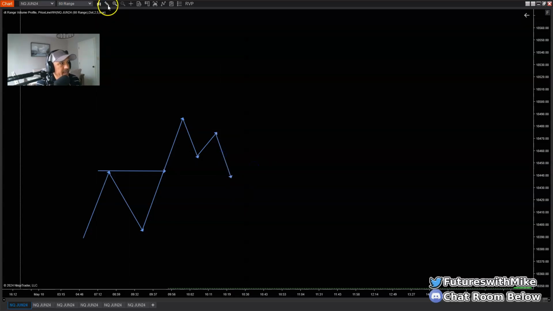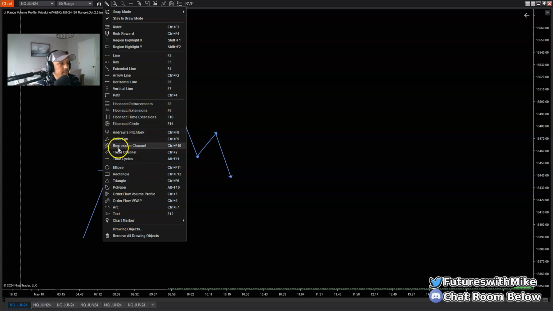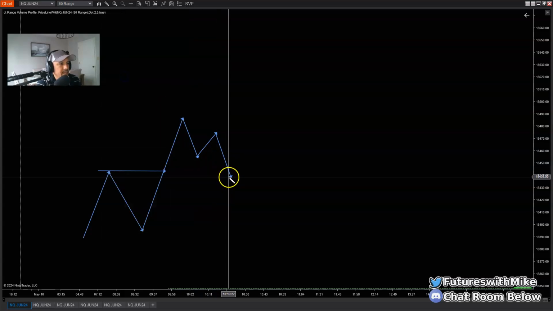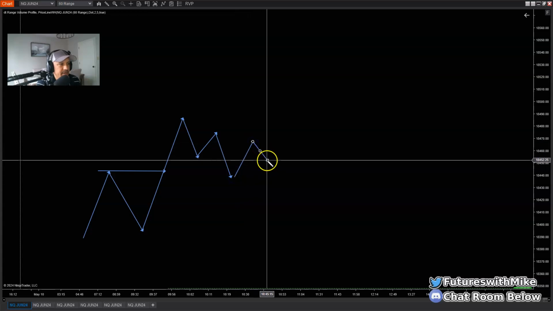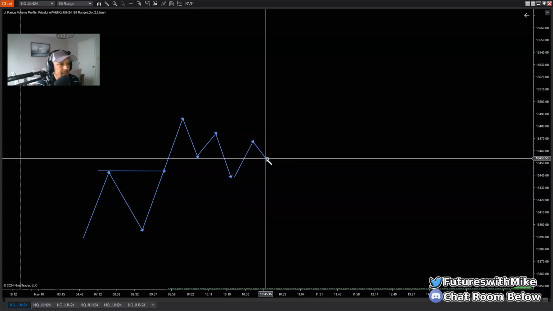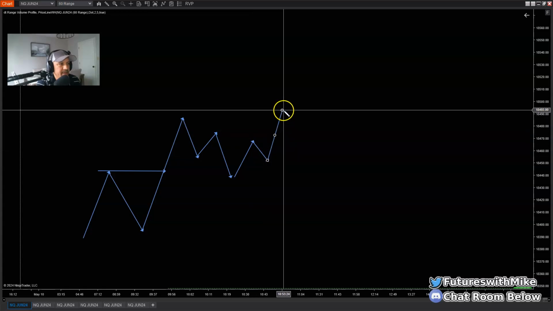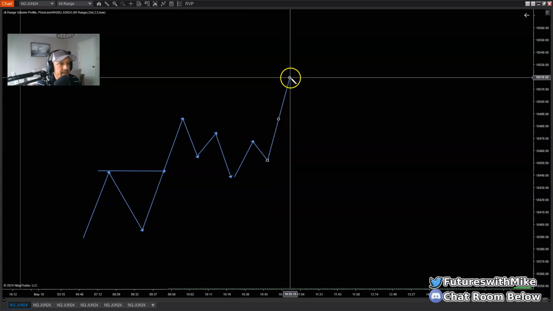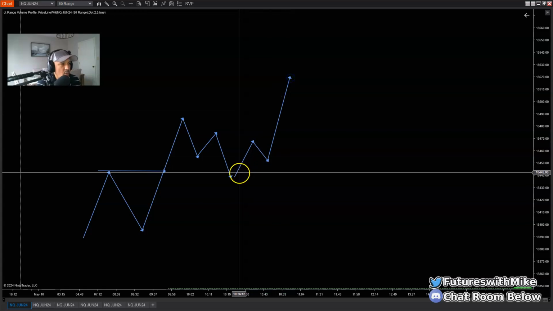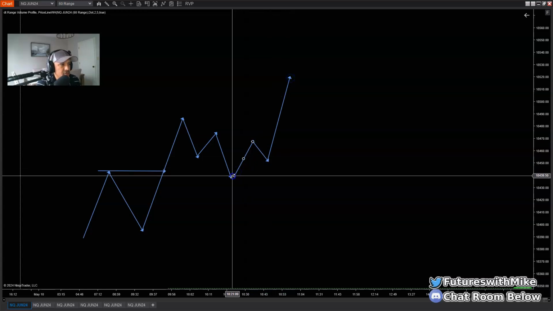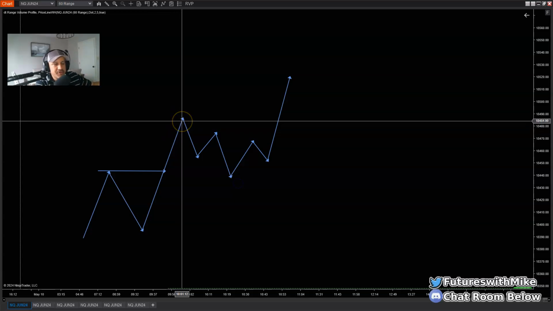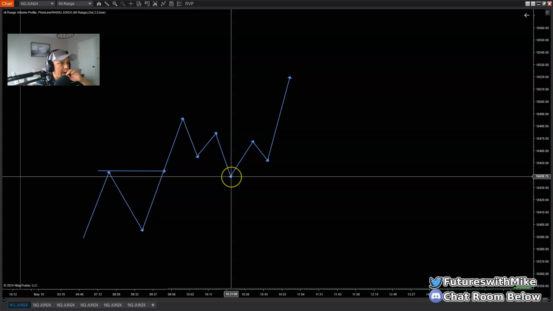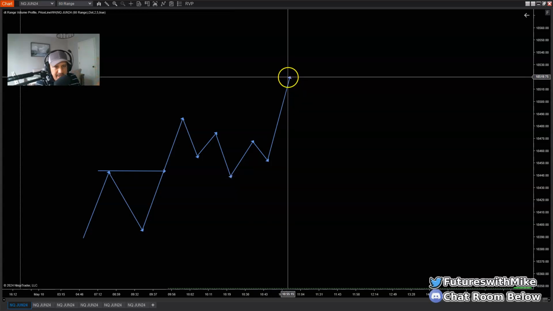But then we turn back around, and it moves back to the upside and does something like this. So we get a high to the upside, a low, and then the next break to the upside will be a high. So what we have now is another break of structure to the upside. Marking where this was our prior major high, this would now be our most recent major low, and this being our new major high.